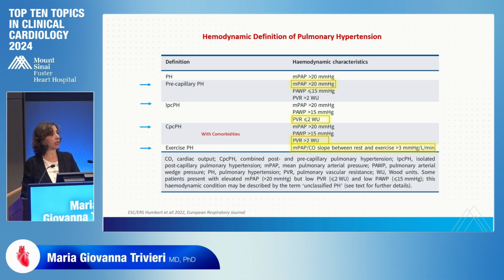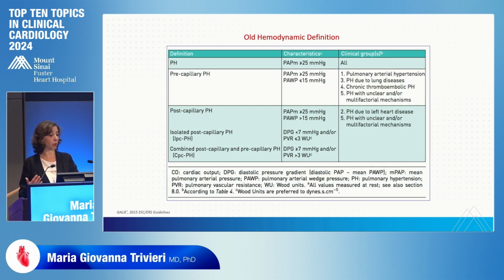And now they define exercise-induced PH based on the slope of the changes in mean PA pressure and cardiac output at rest and with exercise. Having said that, even though we know how to define exercise-induced PH, we still have no targeted therapy for this condition. So it's hard to know exactly what to do with these patients that have this isolated form of PH, aside from monitoring them closely.